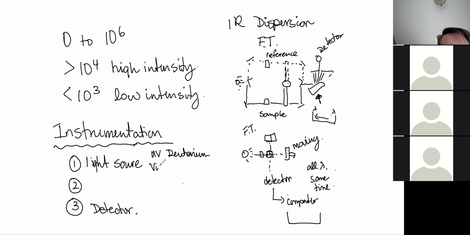And for the visible, the common one used is tungsten. The second part we have in here would be the monochromator, the beam chopper, the diffraction grating, all of that bit together.